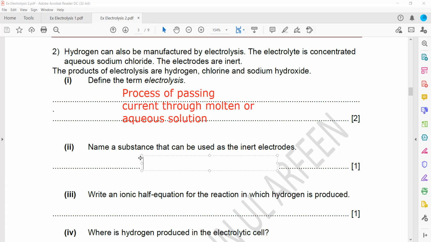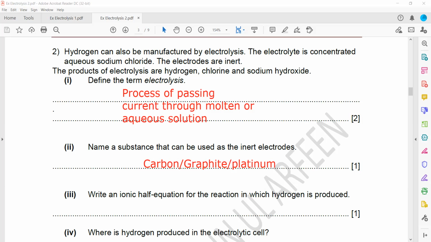Even you can mention carbon, you can mention graphite, or it can be platinum. So these are the possible answers. You don't have to write all of them, you can write carbon. Inert means unreactive. So these are the unreactive substances: platinum, carbon or graphite.